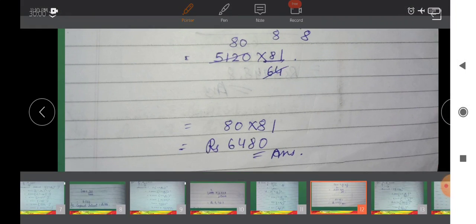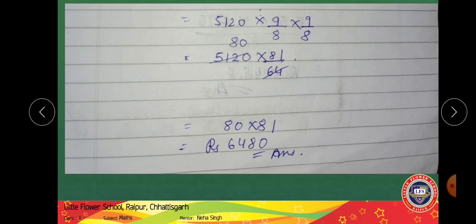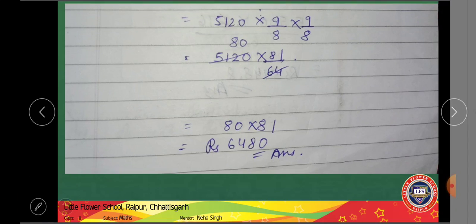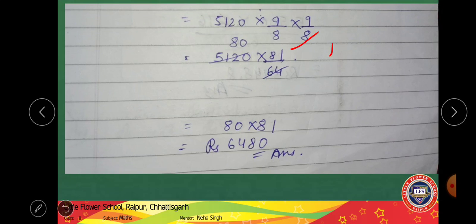Here we can cancel, right? 8 ones are 8. Here directly I have cancelled. See, you can cancel this like this. 8 ones are 8, 8 6 are 48, 48 and 51 how much? 3, right? So 8 fours are 32 and 0. We are left with 640.